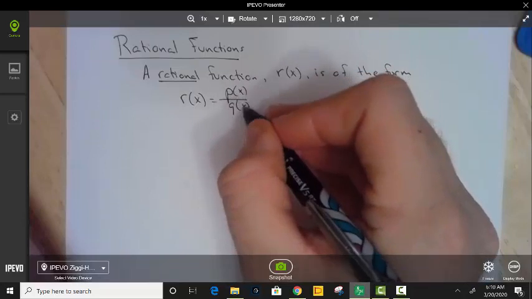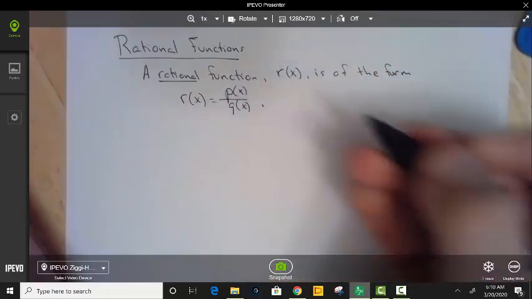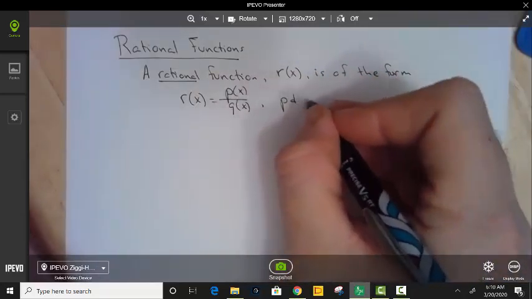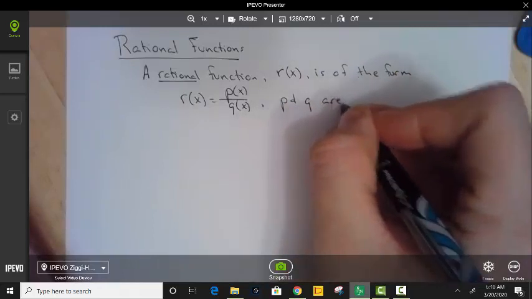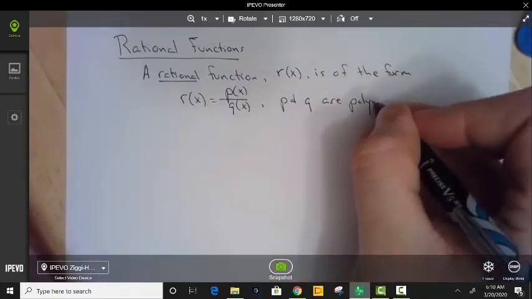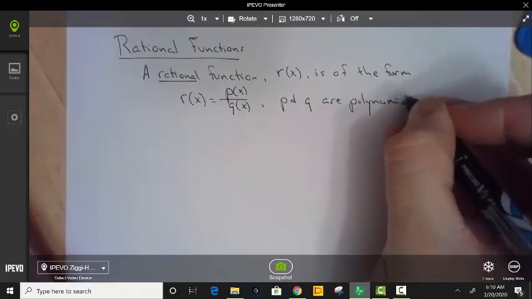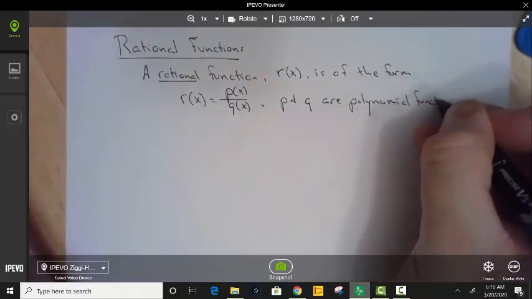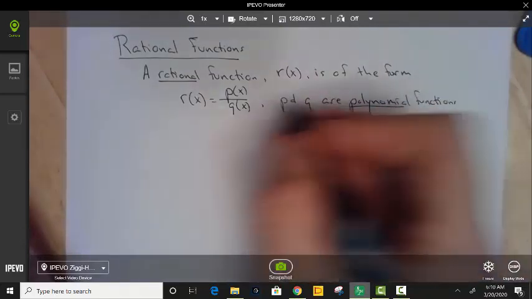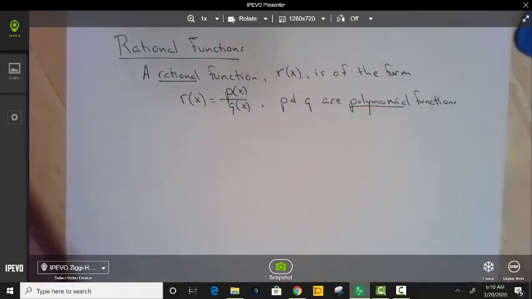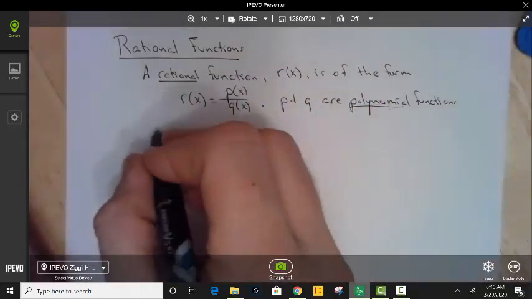But instead of the numerator and denominator being integers, p and q are polynomial functions. So if you take one polynomial function divided by another polynomial function, the result is what we call a rational function.